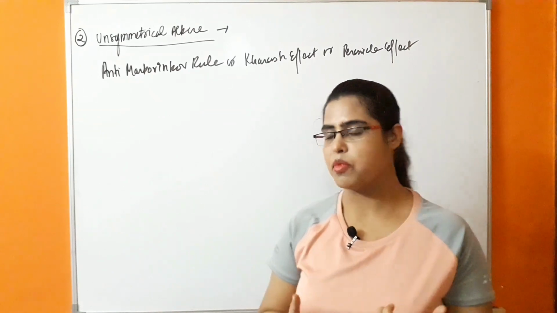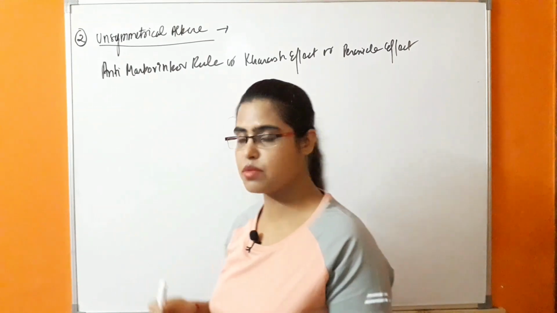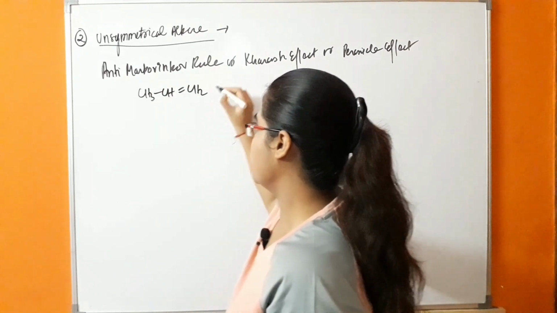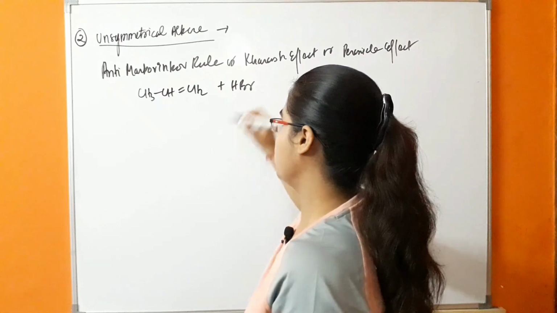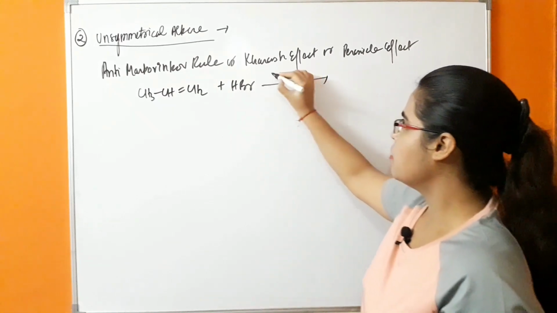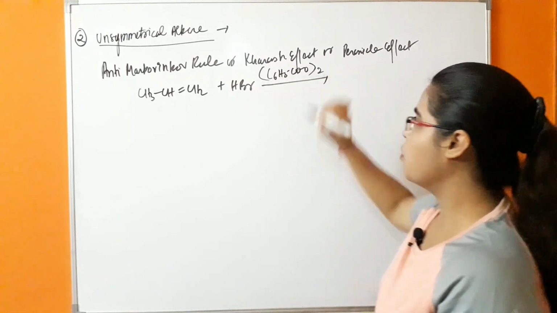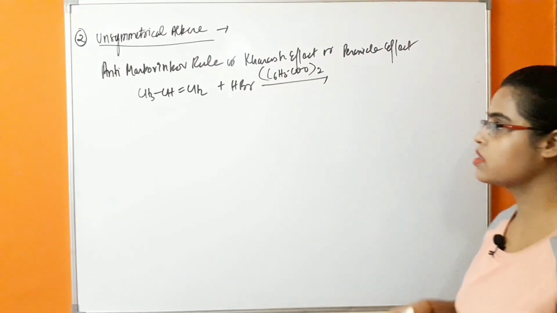So let's see by an example how the reaction takes place. Example: CH3CH=CH2 in the presence of HBr and peroxide, (C6H5CO)2O2, which is benzoyl peroxide.